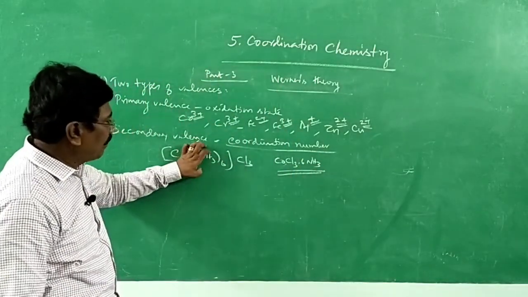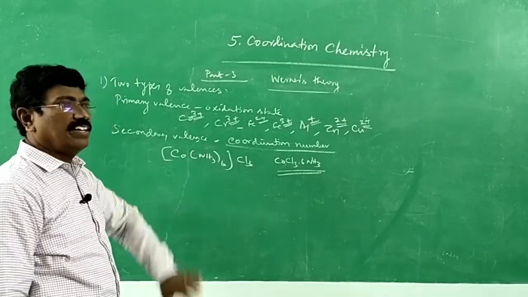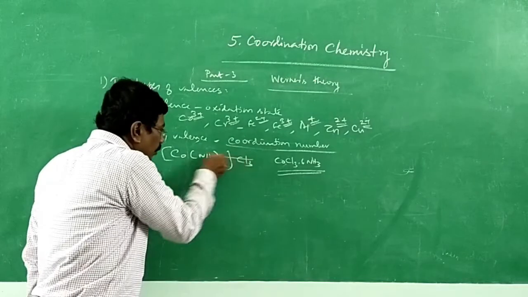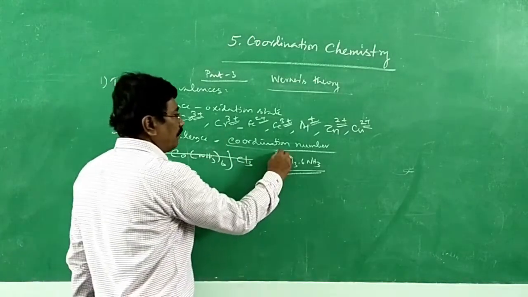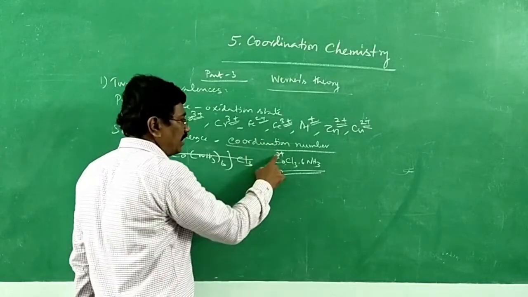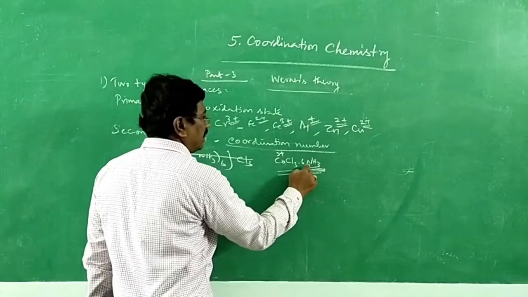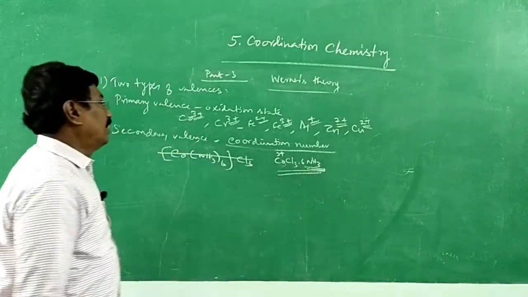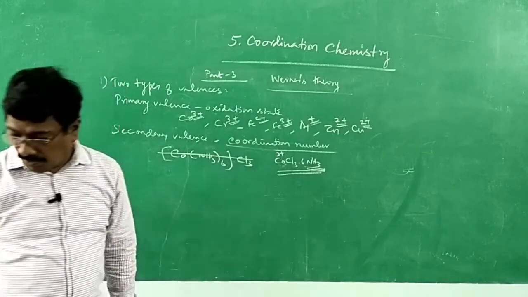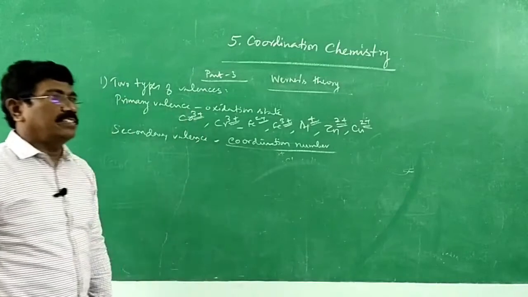This is the recent development. It is not the way Werner gave. So this is a new concept, and this is the older one. Primary valency for cobalt is +3. It is satisfied by the chloride ions. Secondary valency is the coordination number. So 6 is the coordination number for cobalt. That is about primary valency and secondary valency.